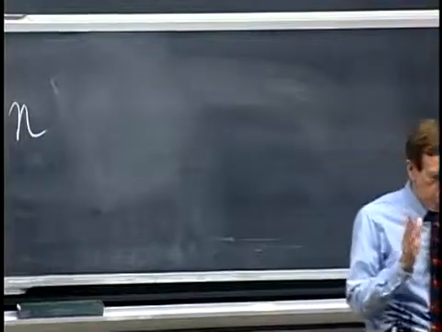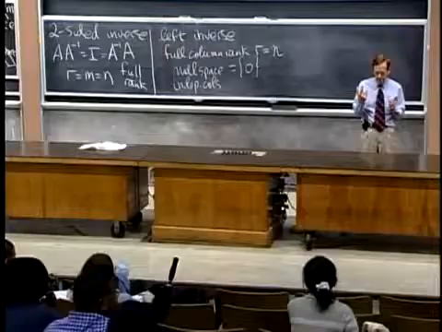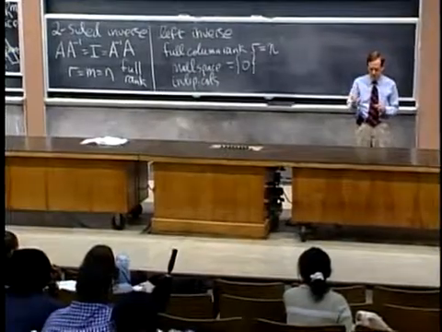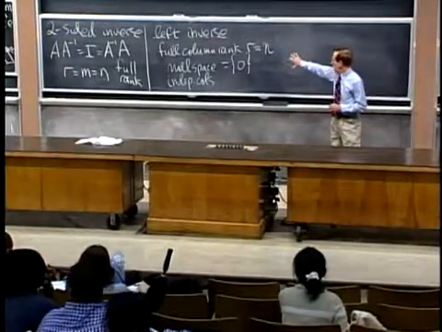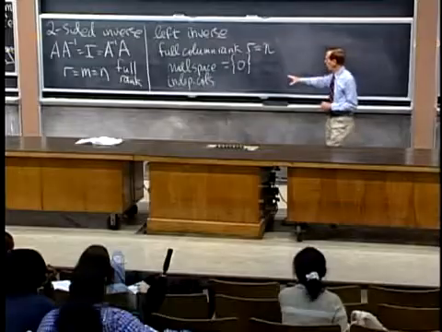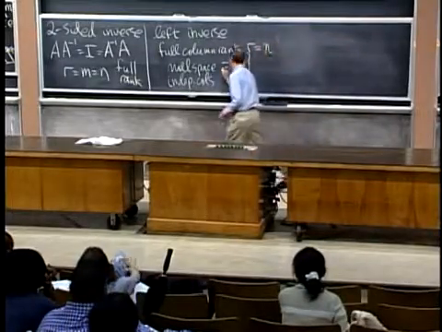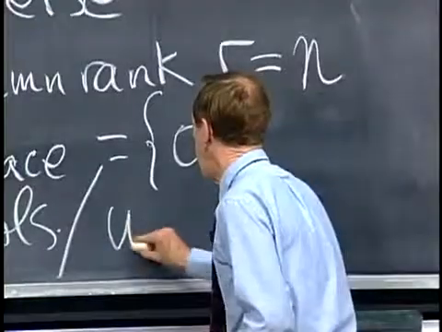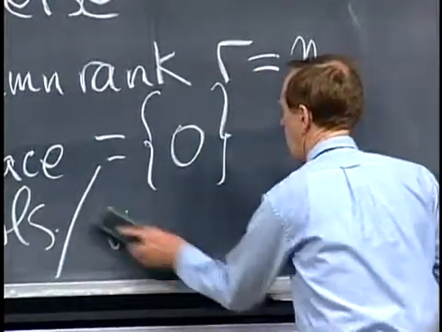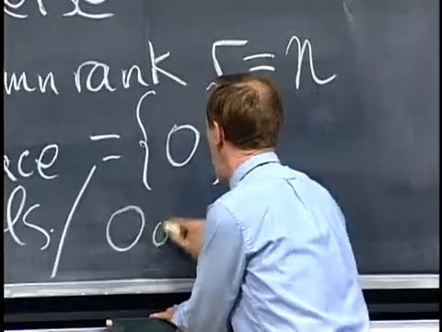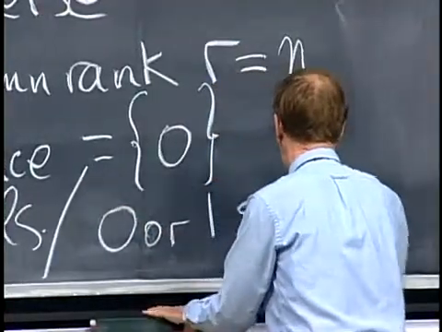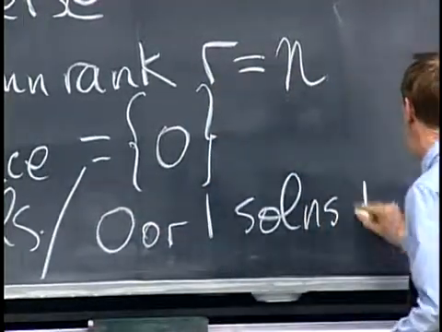Because, so what more is true here? If we have full column rank, the null space is 0. We have independent columns. So we have 0 or 1 solutions to Ax = b.